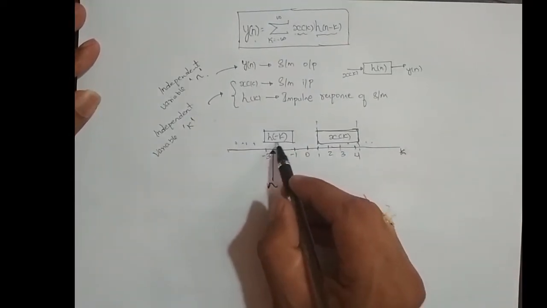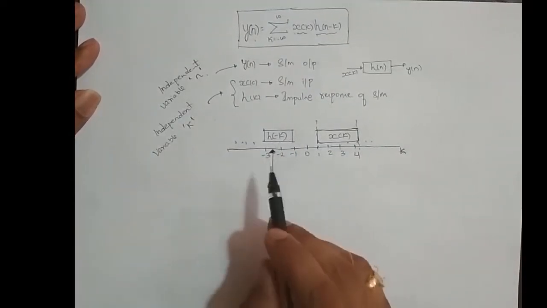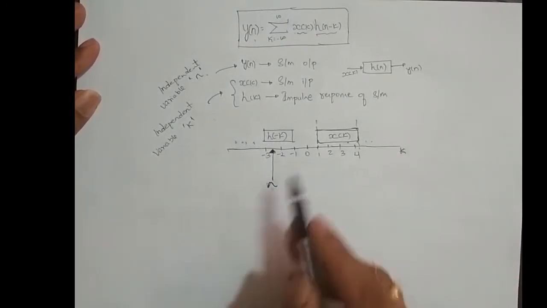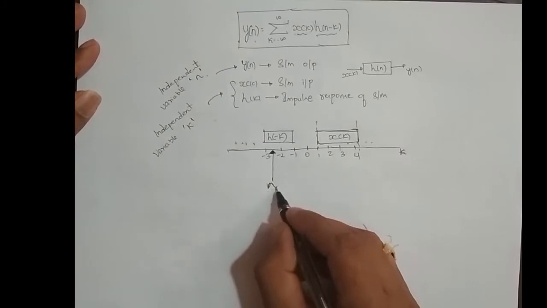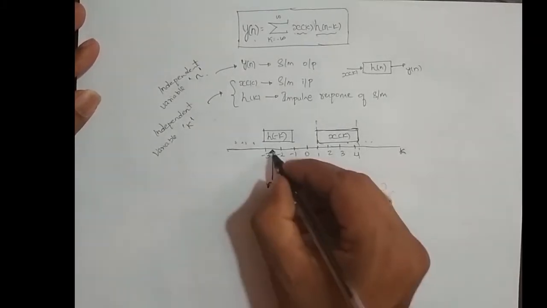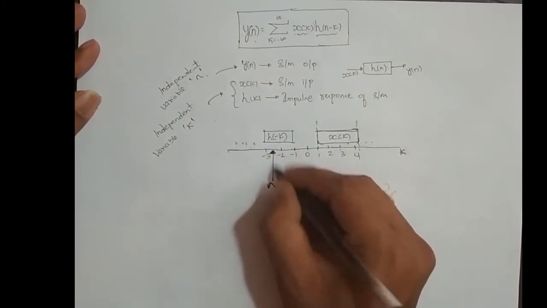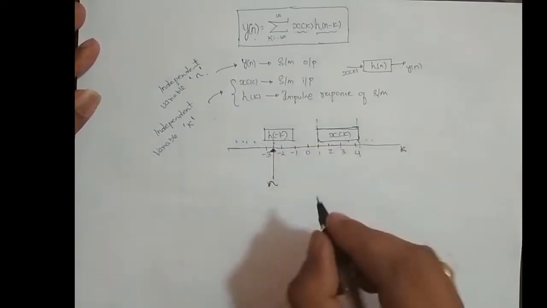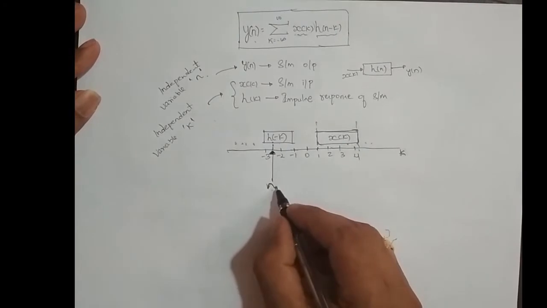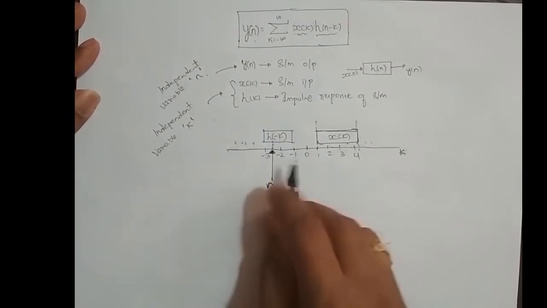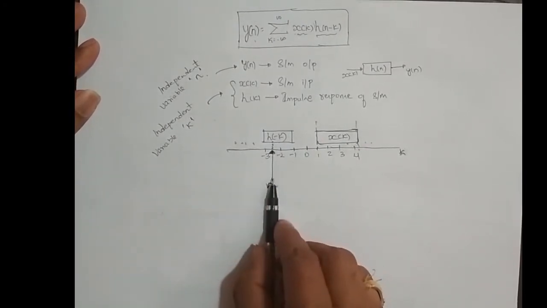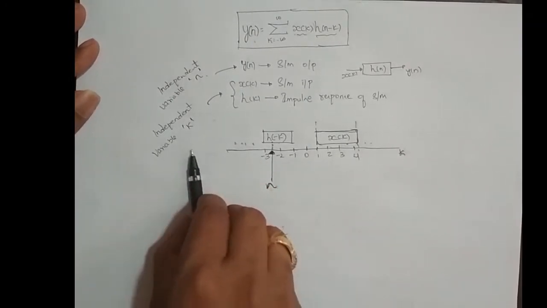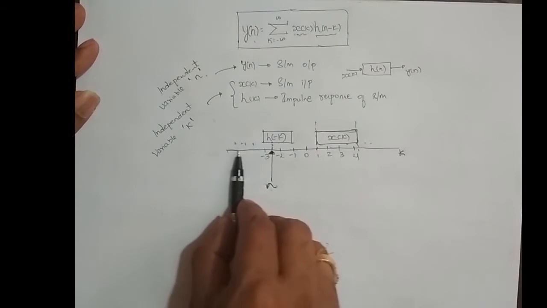This h of minus k has the liberty to move for k varying from minus infinity to infinity. Whenever the value of n changes, just assume that a slider is physically connected to this h of minus k sequence. If I give positive values to n, this moves to the left hand side, in the sense h of minus k is moving left.